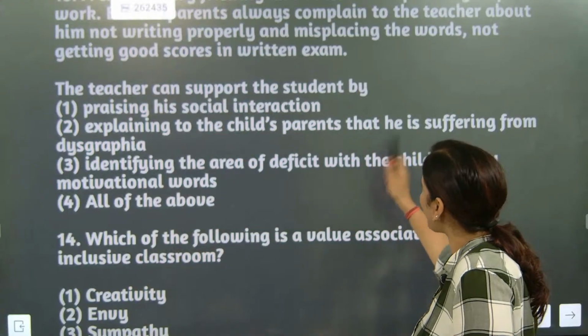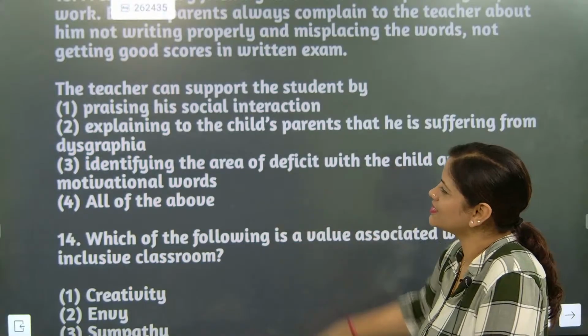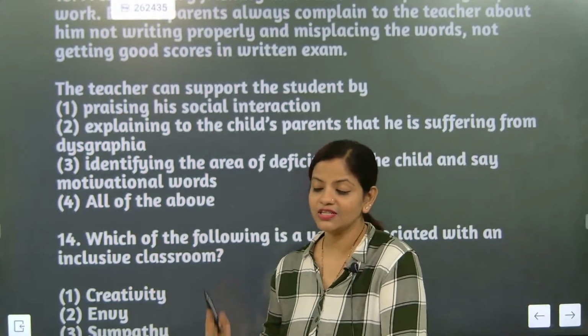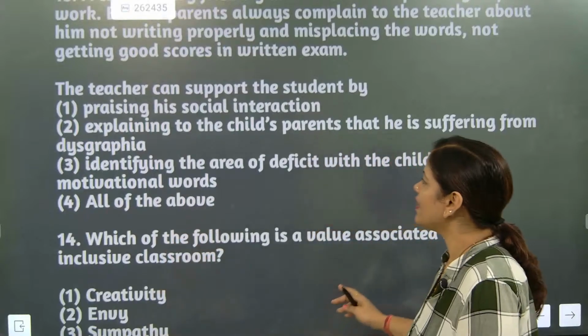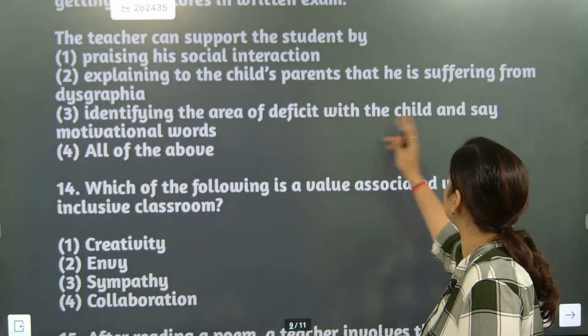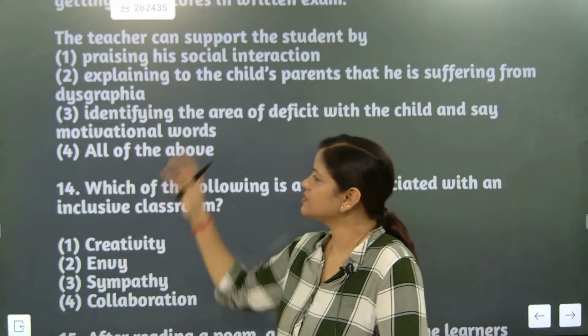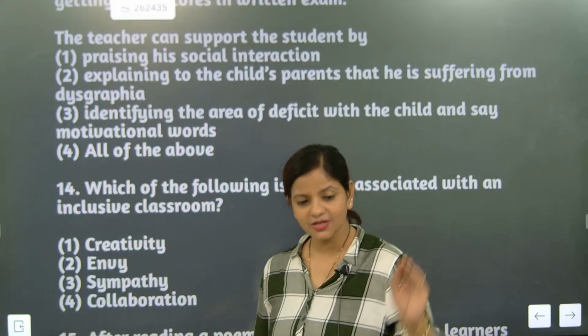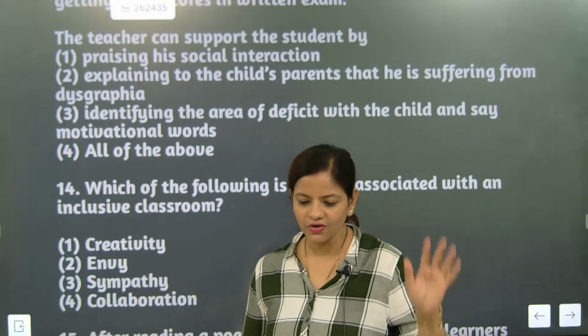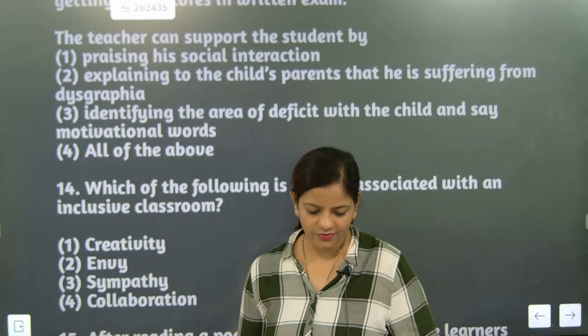Explaining to the child's parents that he is suffering from dysgraphia. Oh, that means I should tell the parent your child is not good, he is suffering from dysgraphia disease. Identifying the area of deficit with the child and saying motivational words. So you should find where the child is having a problem, say some motivational words and then it will work. Or all the above.